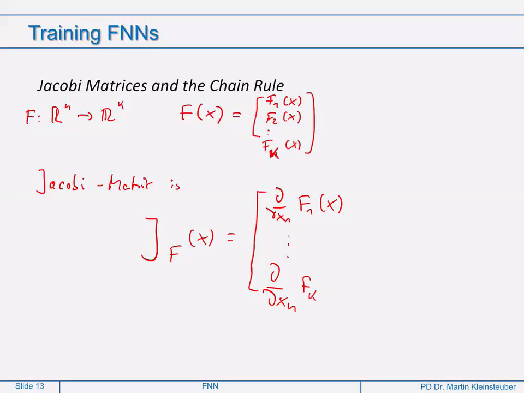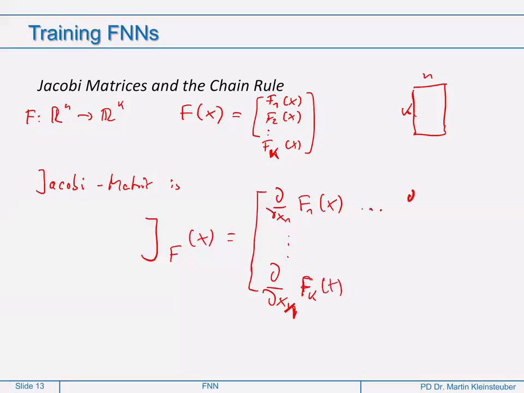I always confuse this n and the k, but it's actually easy because the function goes from Rn to Rk, so the matrix has to be of this size, n times k. So this is dx1 of fk of x, right? Ryan, am I still on the right track?